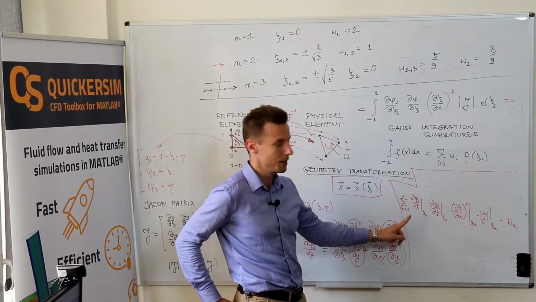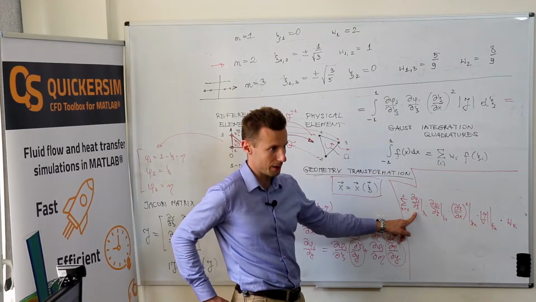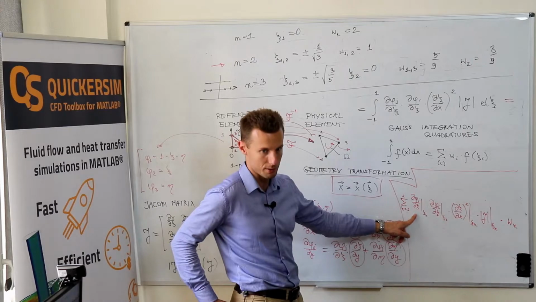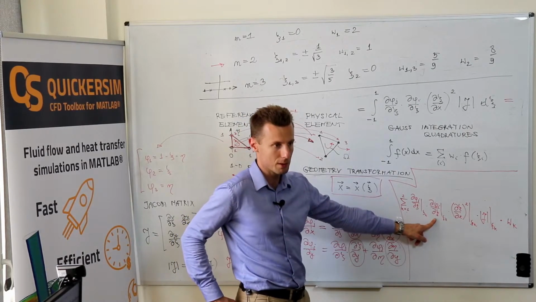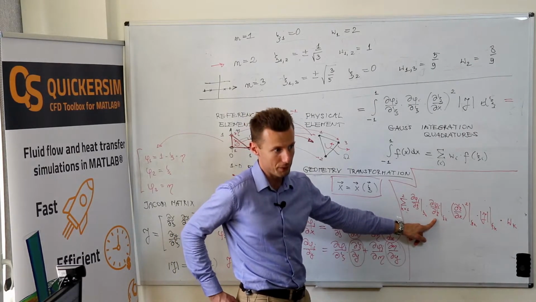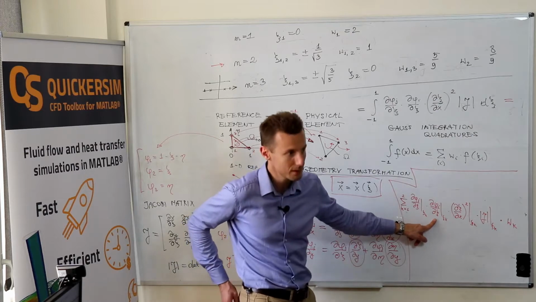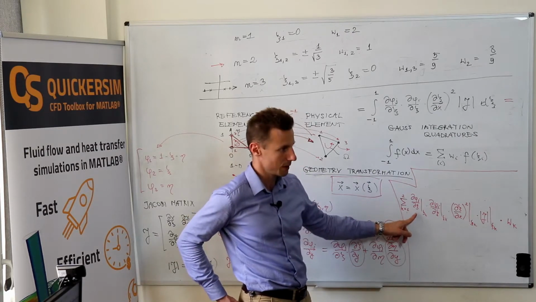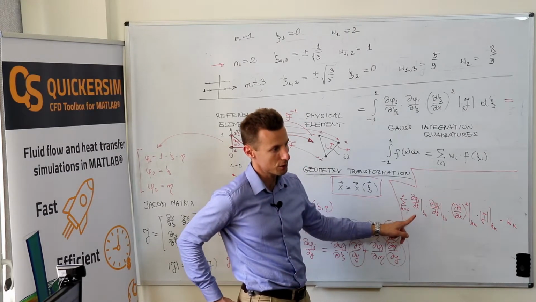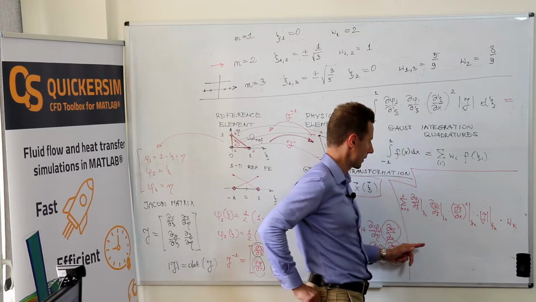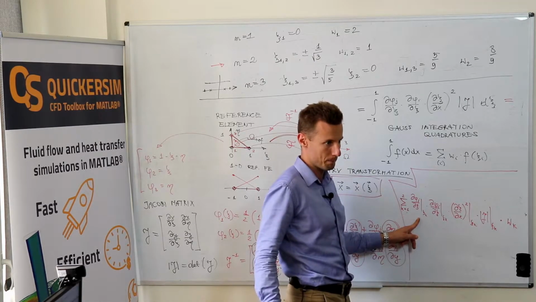If you've got linear finite elements and linear shape functions, then this one is constant. Then this one is constant. But if you haven't got linear finite elements but quadratic elements, then obviously the gradient will change linearly. So you already need to calculate that.